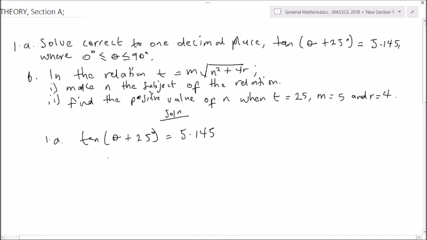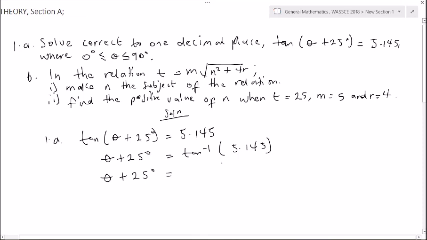So that will give us theta plus 25 degrees is equal to tan inverse of 5.145. Now we take the tan inverse, so we get rid of the tan. We just want to make theta the subject. We're finding theta, the angle theta. So this will give us theta plus 25 degrees equal to tan inverse of 5.145.